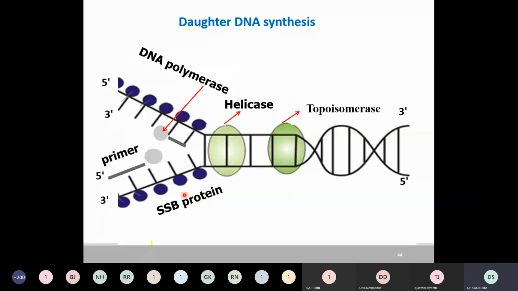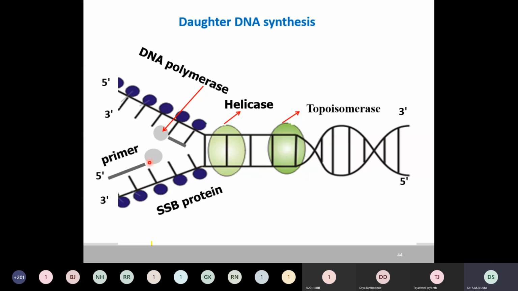So now DNA polymerase will add the substrates. The substrates are deoxyribonucleoside triphosphates. It attaches the substrate to the 3' end of the primer and forms a 3',5'-phosphodiester bond.